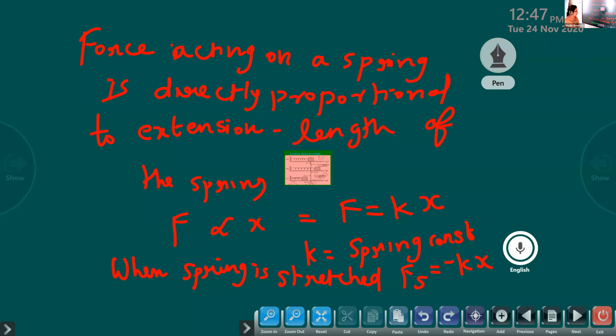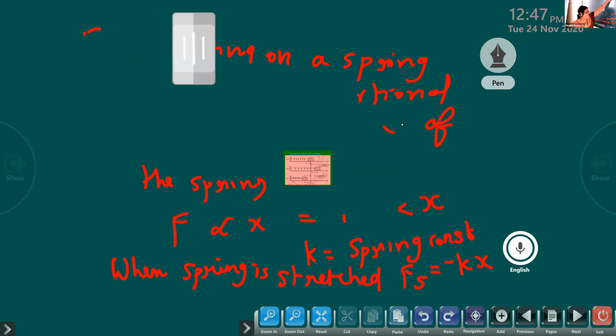Okay. Then by Hooke's law, what is the work done on the spring?